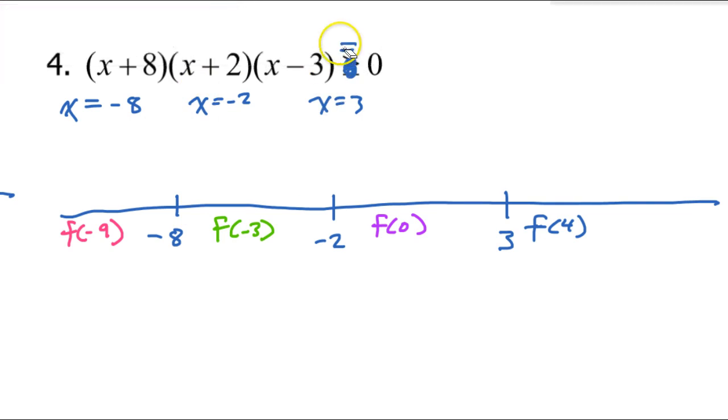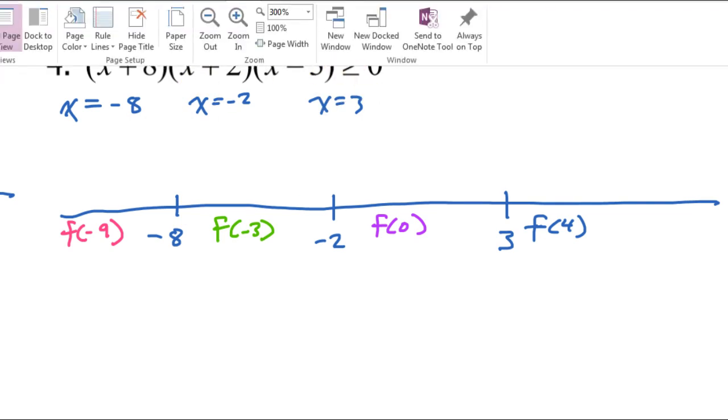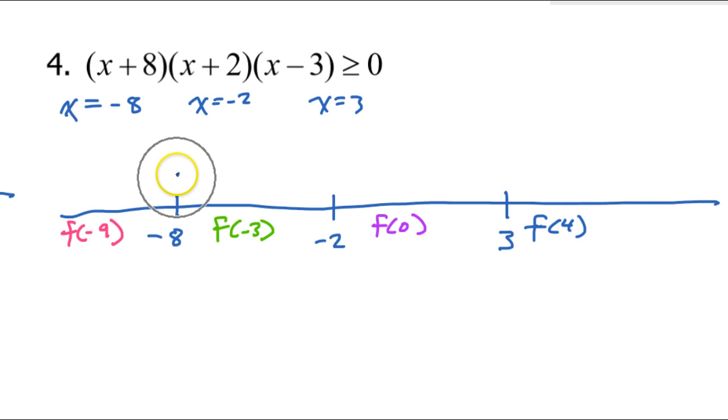Let's see. Because of the "or equal to," all of these should be closed circles. All right, let's start with -9.